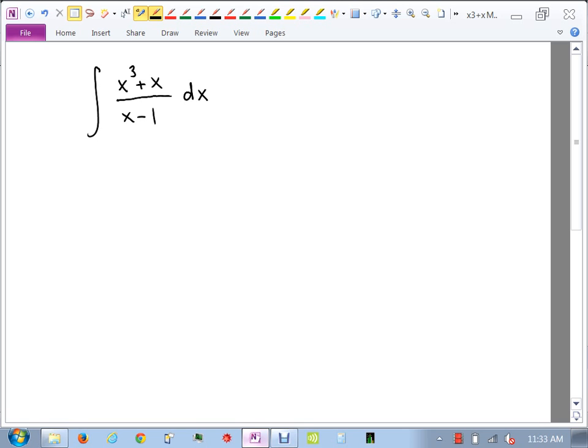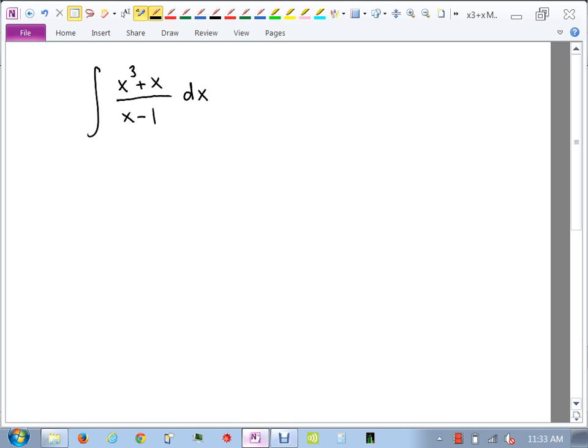Not really. Integration by parts? Not really. Trig substitution? With trig substitution, we were always looking for a squared minus x squared, or x squared minus a squared, or a squared plus x squared, right? So you have to go through your mental Rolodex of what you can do with integrals. And you get to this and you're like, well, I do have a polynomial divided by a polynomial, so maybe partial fractions will work.